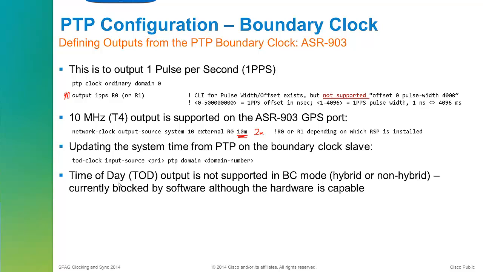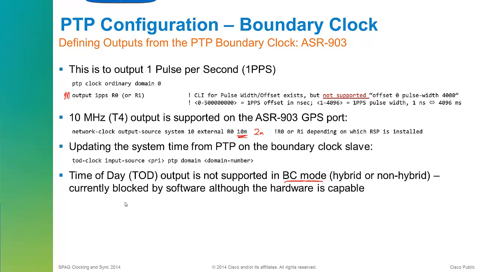The only slight tickler is that the time of day output is not supported in boundary clock mode. So you can output 1 pulse per second, but you can't output time of day. It's currently blocked by software, although the hardware is capable. Now, to be honest, I haven't checked that in the latest release or two. I've been through this presentation and I've personally checked like 90% of this CLI, so I know it works.